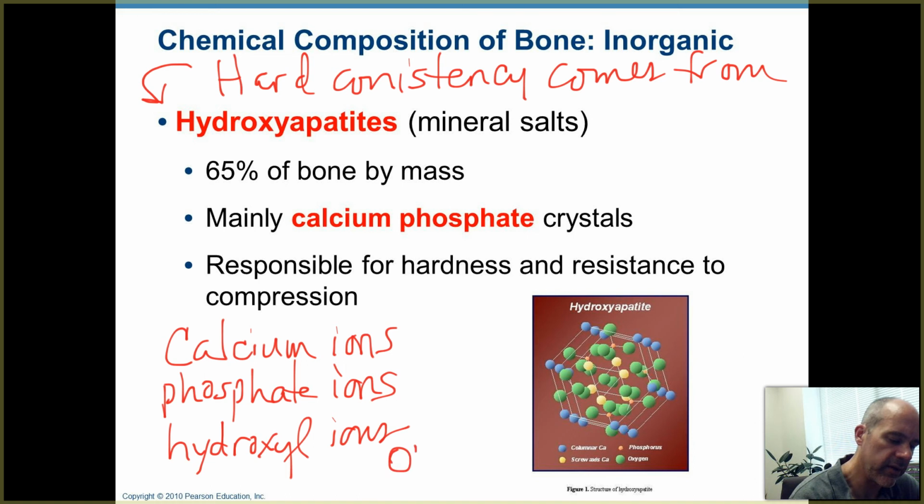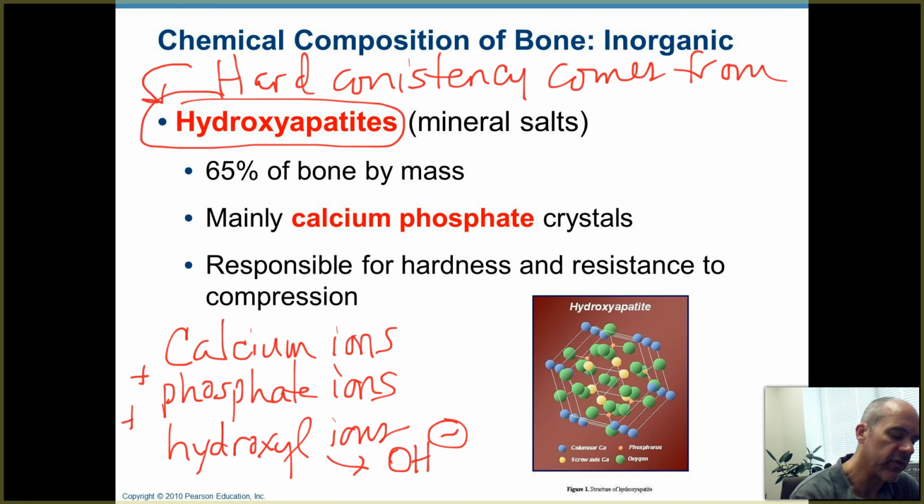Hydroxyl ions are an oxygen and a hydrogen, and together they have a negative charge. So you put these things together and you wind up with a substance called hydroxyapatite. Some people will just refer to these as calcium phosphate crystals, but they're actually built from these three different types of ions that get together.